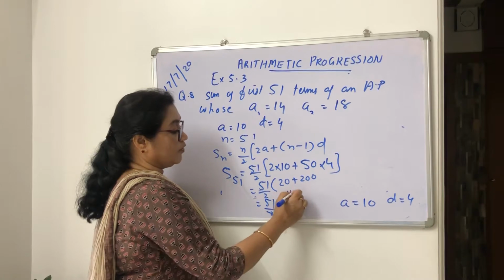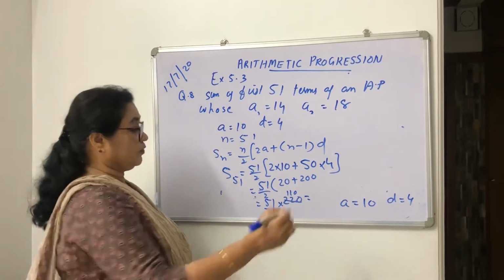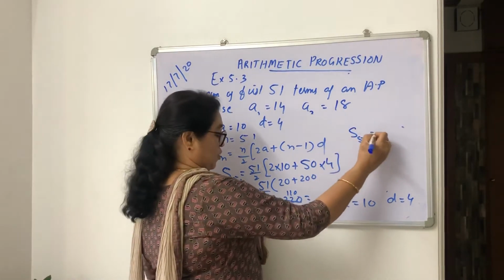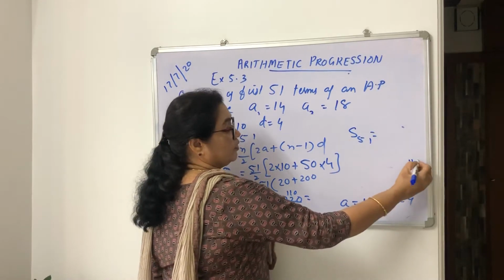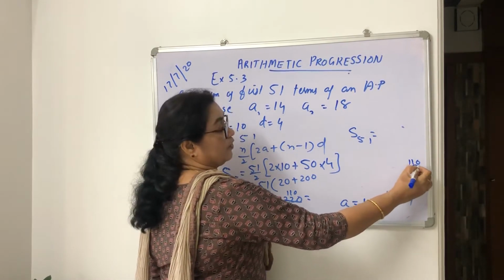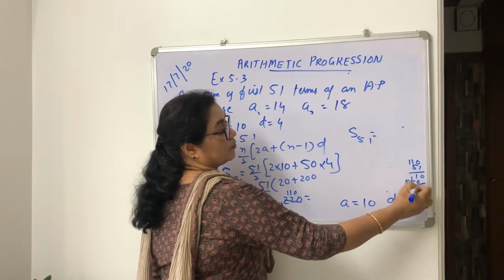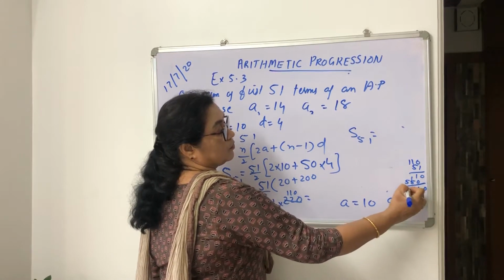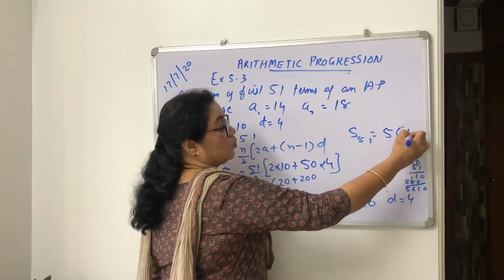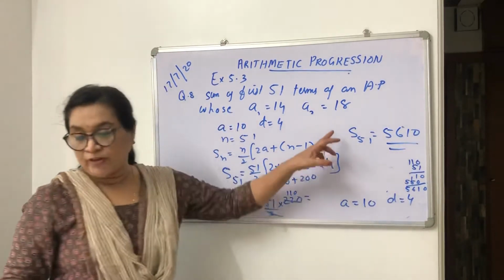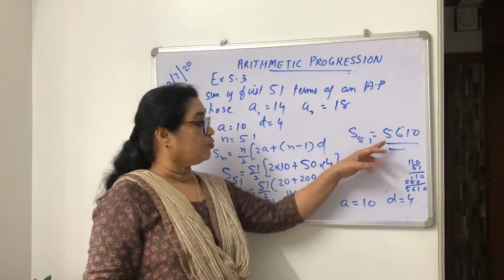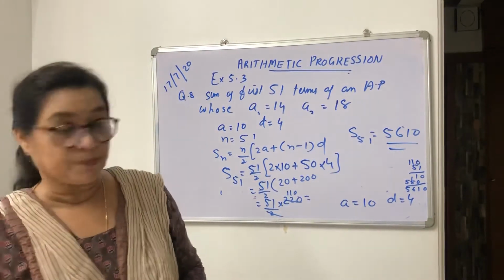Half of 220 is 110. So therefore S51 is equal to 110 into 51, which is 5610. The sum of the first 51 terms is equal to 5610.